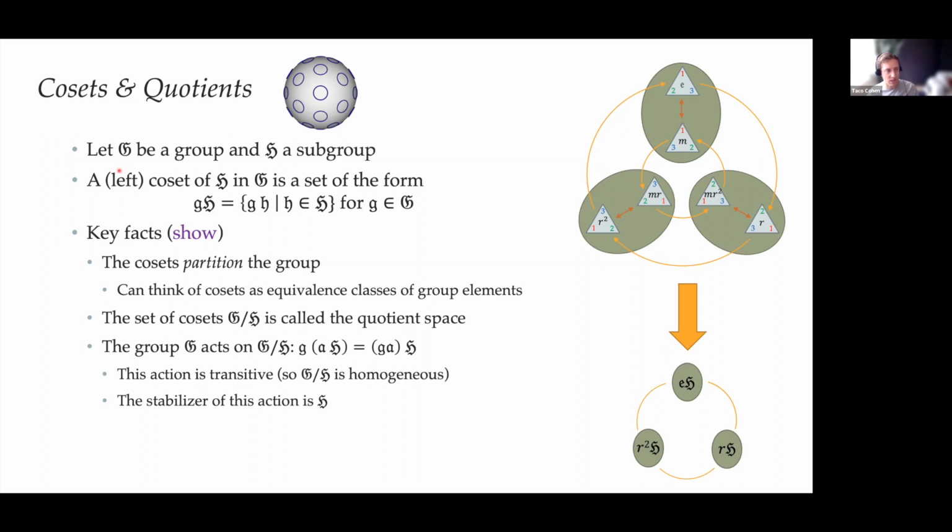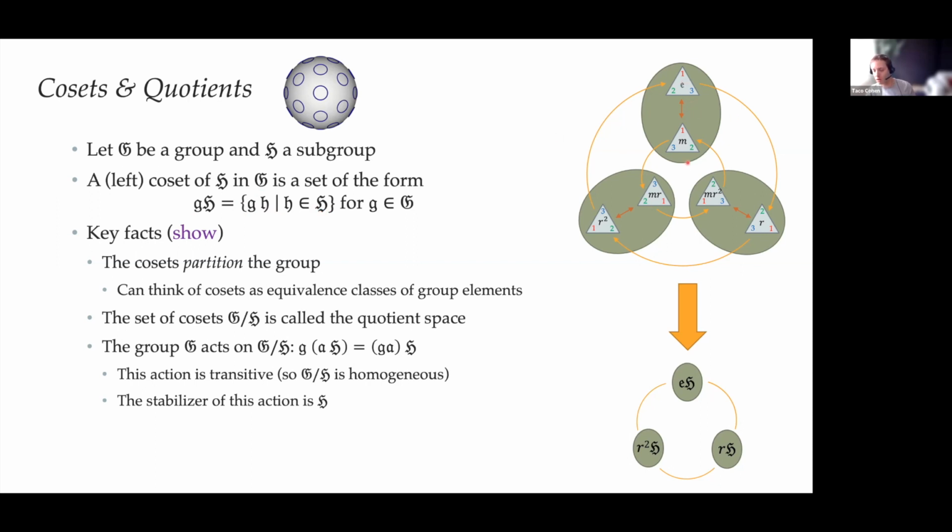To understand this, you need this concept of a coset. A left coset of a subgroup H in the group G is a set of this form. Namely, it's the combination of our element G that defines the coset together with every possible element of H from our subgroup, capital H. So here you see a simple example.